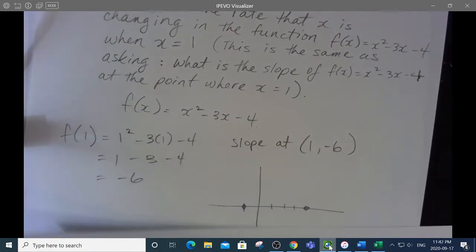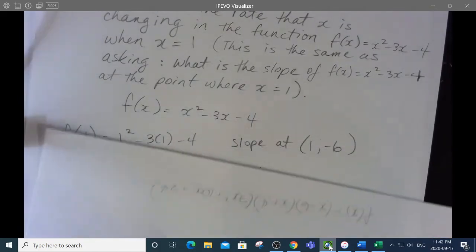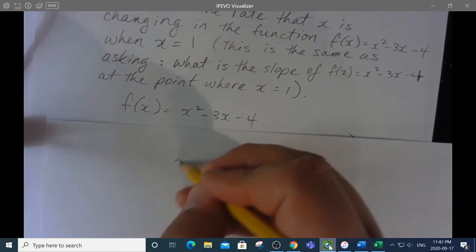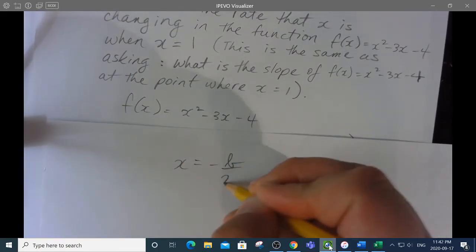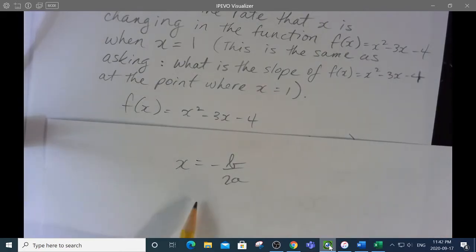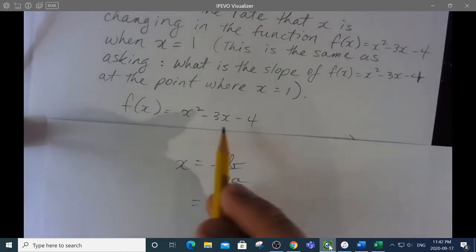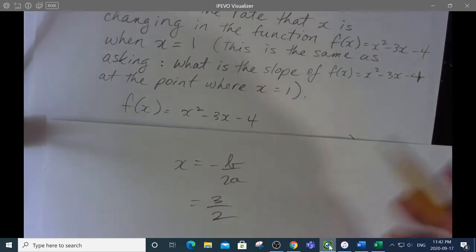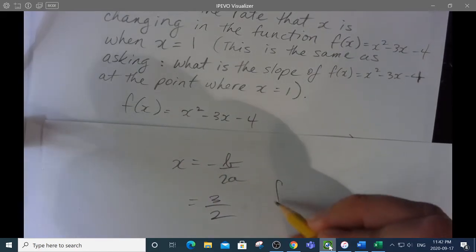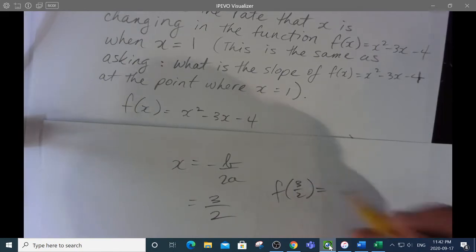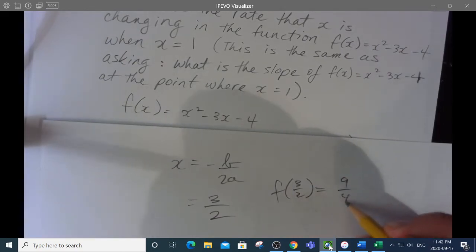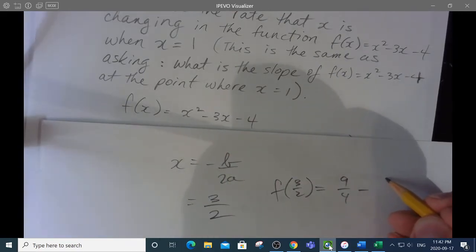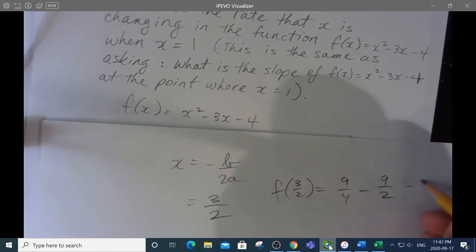I can find the vertex of this thing. I think we did this with some of the students in one of my classes the other day. Remember, you can find the vertex with the little formula negative b over 2a. That's the x coordinate of the vertex. So that'd be negative negative 3 over 2 times 1, which is 3 halves. Then plug that through the formula: f of 3 halves would be 9 fourths minus 3 over 2 times 3, which is 9 halves, minus 4.